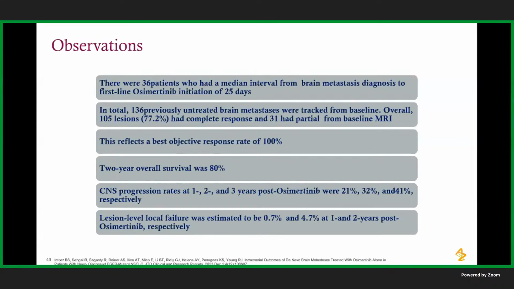So in this cohort, there were 36 patients with a median interval from brain mets to first line diagnosis of 25 days. They were given osimertinib and observed retrospectively, and 2-year overall survival was 80%. CNS progression rates at 1, 2, and 3 years post osimertinib were 21, 32, and 41% respectively. And lesion level local failure was estimated to be as low as 0.7 and 4.7% at 1 year and 2 years post osimertinib therapy.